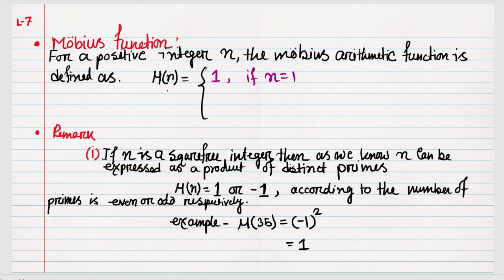Another case is that the value of mu of n is 0 if n is not a square free integer, that means there exists a p square which divides n for some prime p.